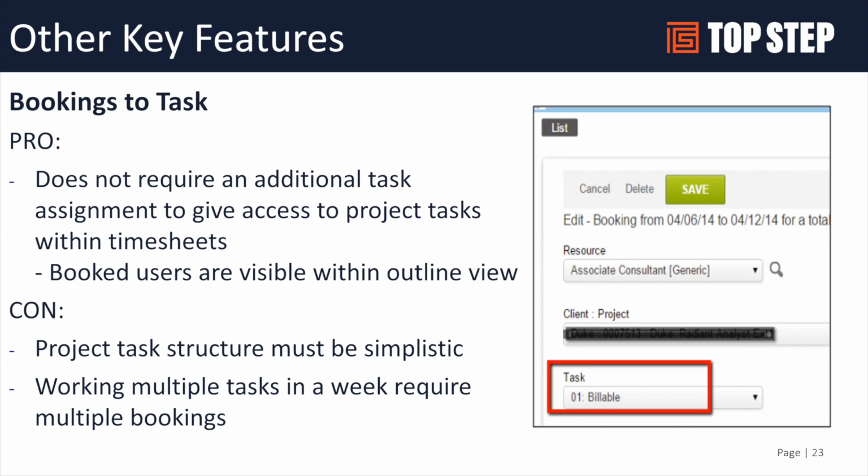So that can be a big con. It requires that you simplify your project structure around milestones, or the minimum you can get away with, to support both good project management and efficient resource management. But we do see this quite a bit with customers, and it works really well.